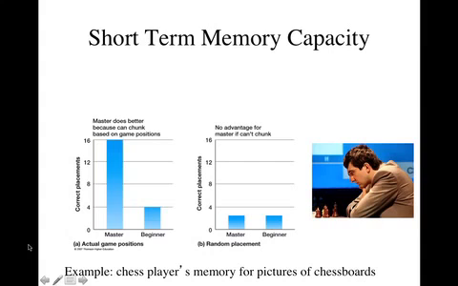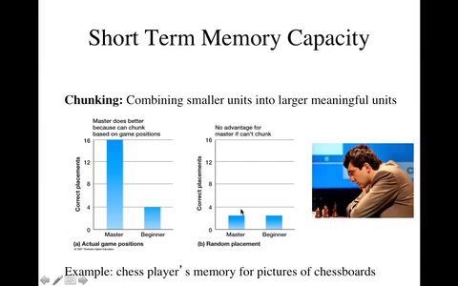Whereas a beginner is not able to chunk and therefore has to remember the individual pieces. With a random placement, even the chess player is not able to chunk anymore because these are not meaningful configurations, not tied to long-term memory, and therefore will be just as poor as the beginner in remembering the locations of those chess pieces.